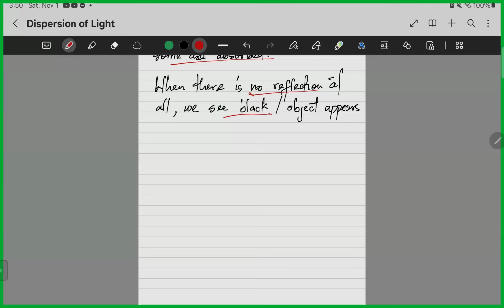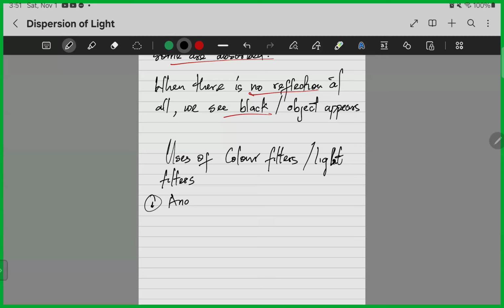Let's talk about color or light filters. Uses of color filters. Some people call them light filters. So number one, they're used for analysis of colors in transmitted light.